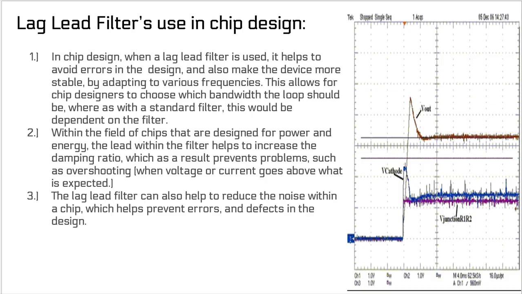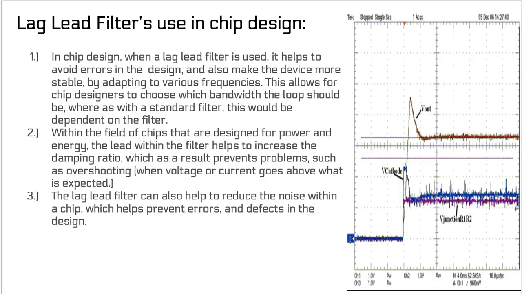If a standard filter was used, this wouldn't be so simple, because the bandwidth of the loop would have to be dependent on the filter. It'd get more complicated. But if you use the lag lead filter, the engineers can choose which bandwidth the loop should be, and that makes the design process simpler and more enjoyable. It helps avoid errors that way.